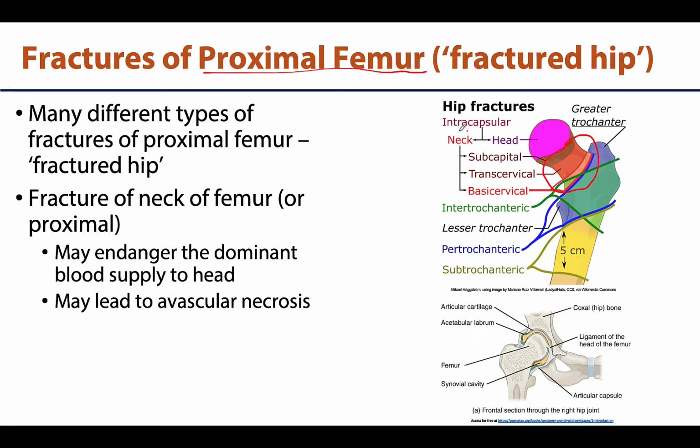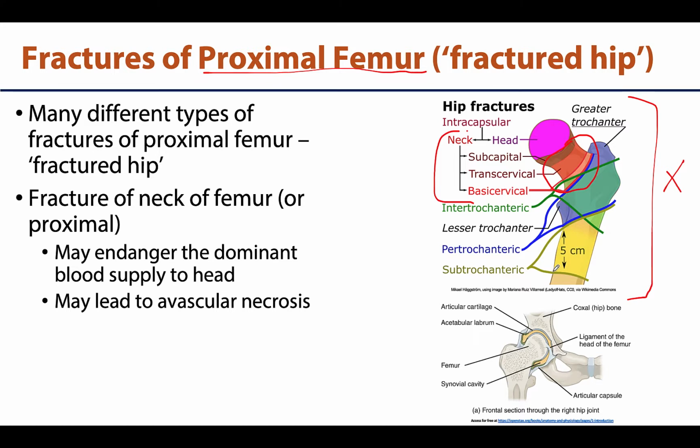And as you can see, there are numerous types of neck fractures that can occur. And by the way, I don't want you to memorize this image in terms of the specifics here. I just have it here more in terms of showing you the types of fractures that can occur. Femoral neck fractures are most common in older individuals, particularly those that also have osteoporosis.